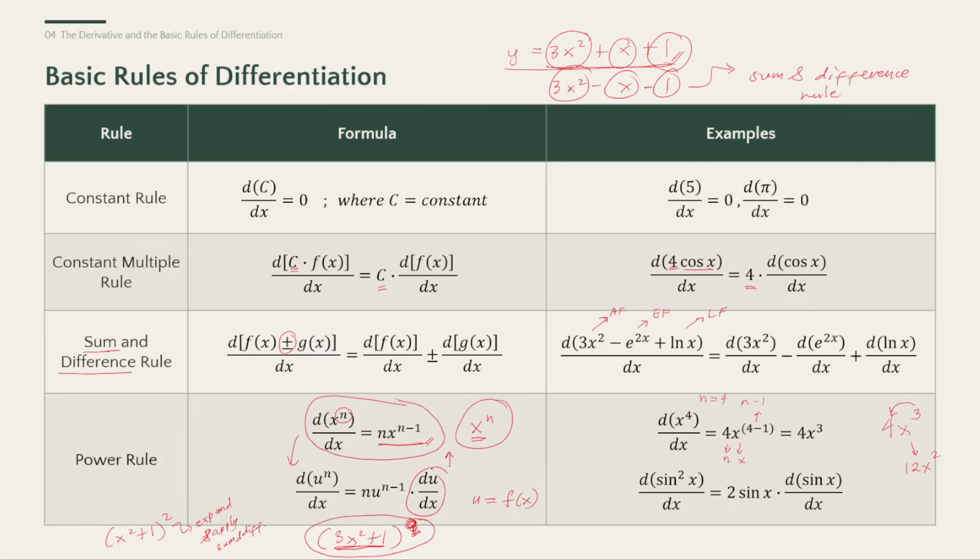Now, as I said earlier, if the expression being raised to a power is another function, just like this one, sine squared x, this is actually sine x raised to 2, or sine x squared. The sine is being raised twice in this case.